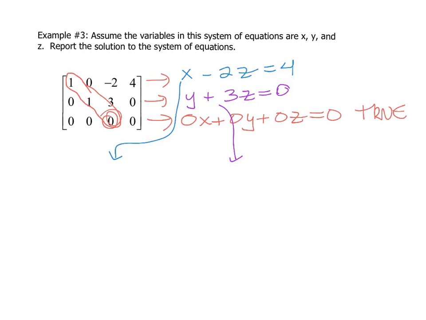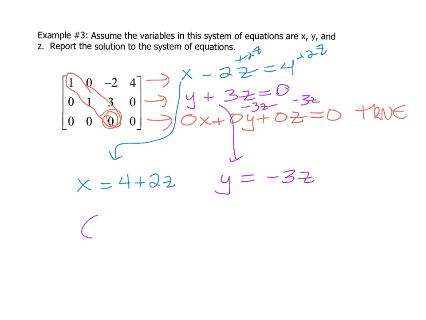So the first one would look like x equals 4 plus 2z. All I did was add 2z to both sides. And then the second one looks like y equals negative 3z. So I subtracted 3z from both sides.